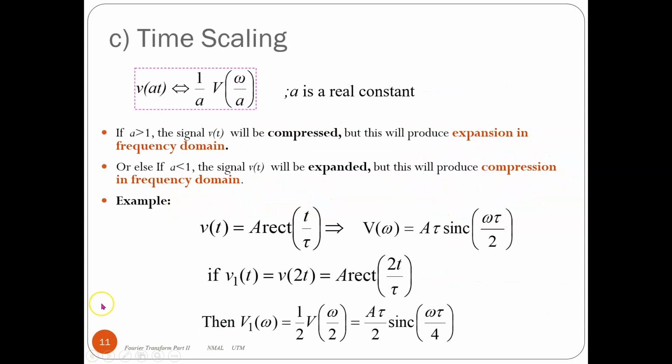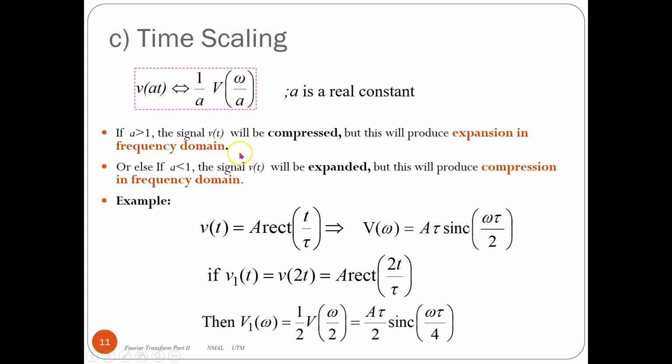The third property here is time scaling. Time scaling is given as v(at), where a is any real constant. The Fourier transform pair for the time scaling property is given as 1 over a V omega divided by a. You need to recall your knowledge from the first chapter: if a is bigger than 1, the signal v(t) will be compressed, but this will produce expansion in the frequency domain.